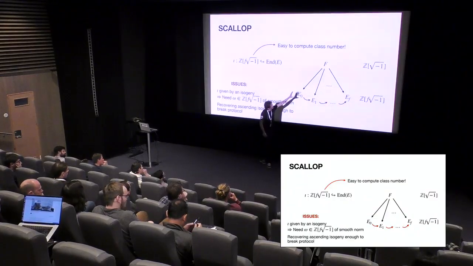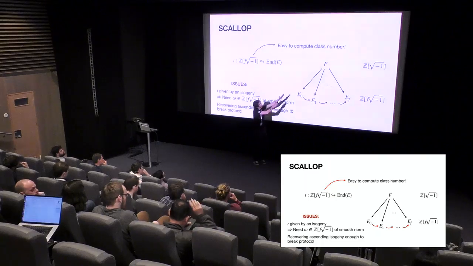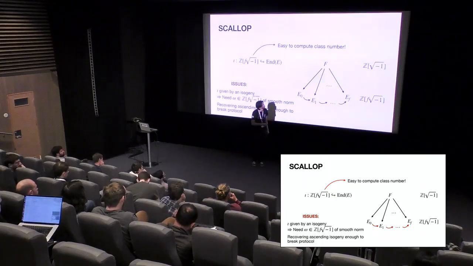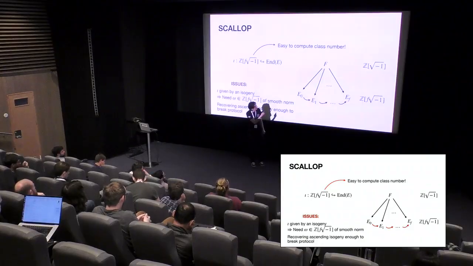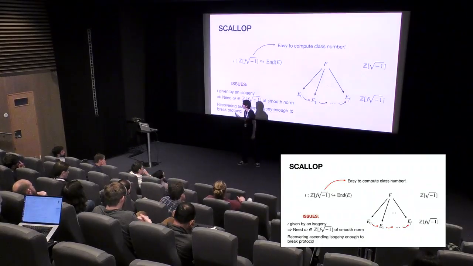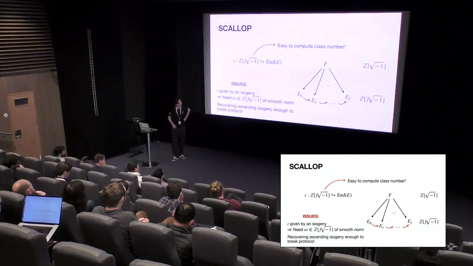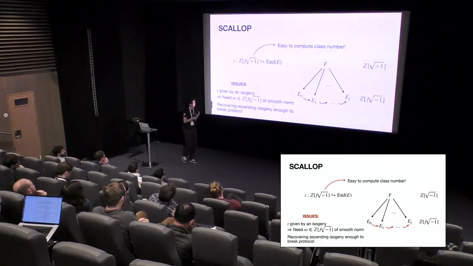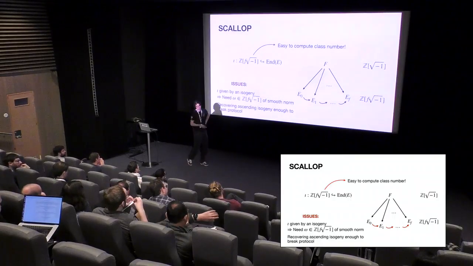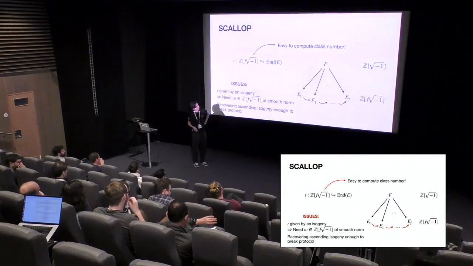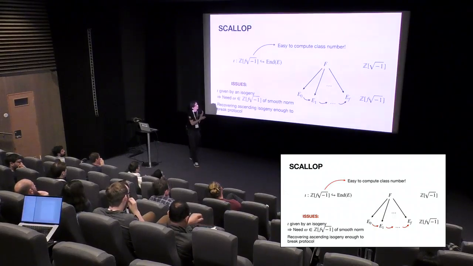But all of them have an F isogeny to a very specific curve, namely the curve oriented by Z adjoined square root of -1. Why is it the curve? Well, there was a free and almost transitive action. And this thing, of course, has class number 1, so there's only one curve on top.